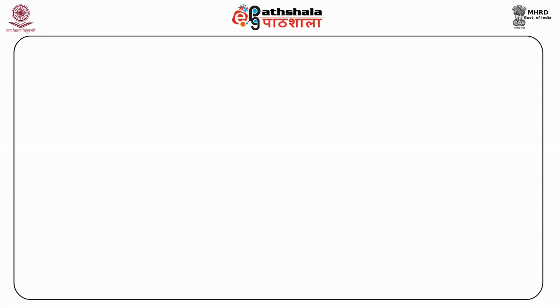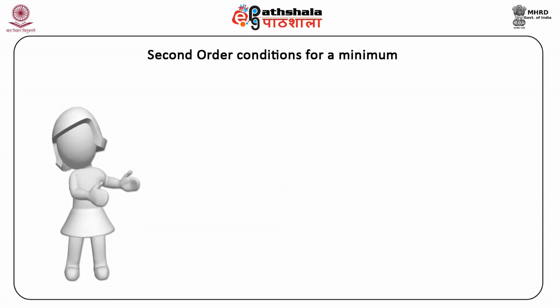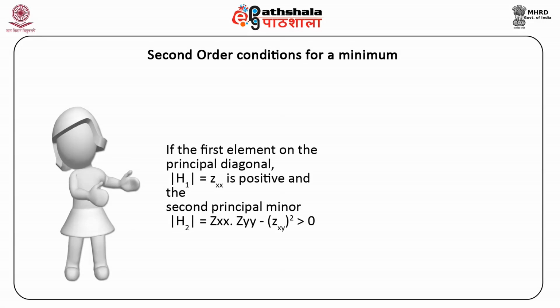Now, let us study the second order conditions for a minimum. If the first element on the principal diagonal, the first principal minor, H1 determinant equal to zxx is positive and the second principal minor H2 determinant equal to zxx into zyy minus zxy whole square is greater than 0, the second order conditions for a minimum are met.